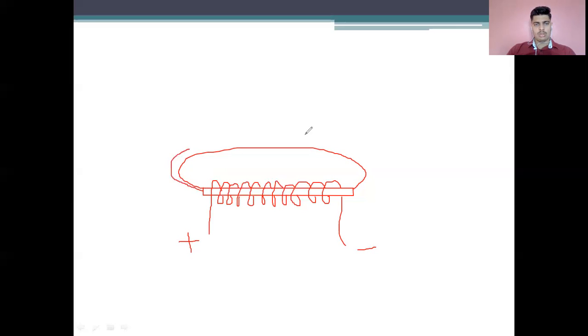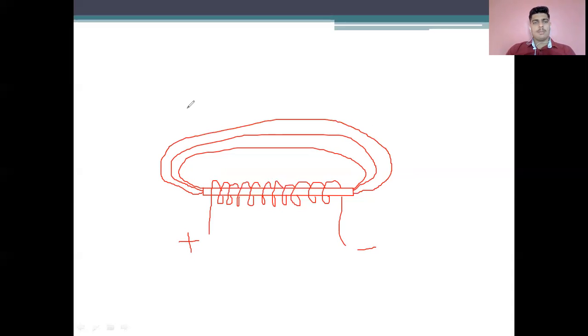These field lines do not touch each other because they don't intersect at any point. It is not possible to show correctly right now, but they are in a proper shape, and similarly, these are on the bottom side as well.